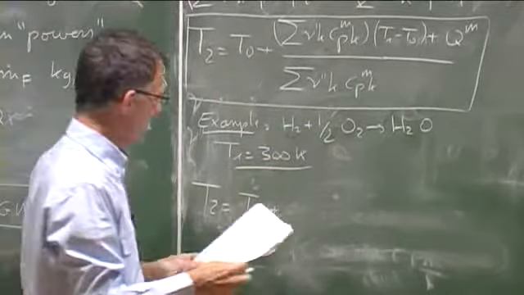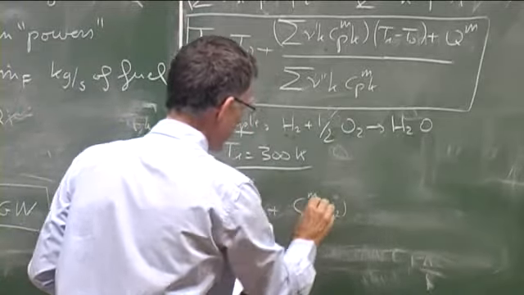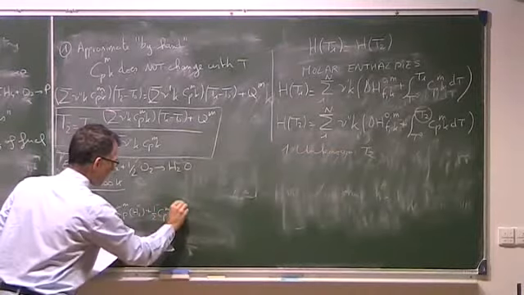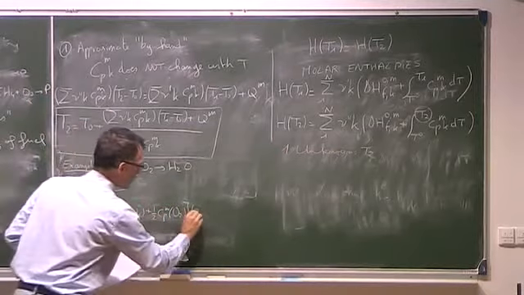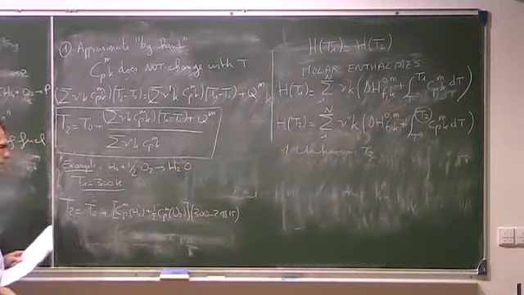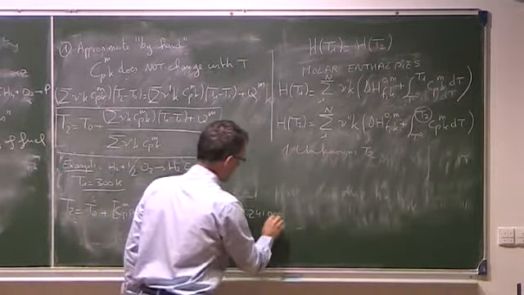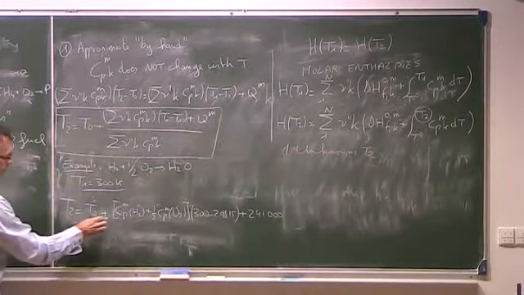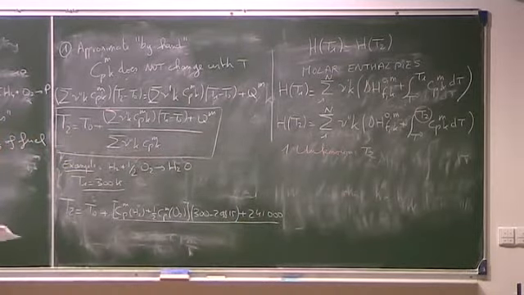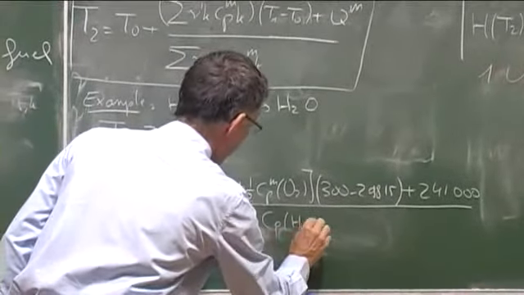So if we write it this way, it's going to be the Cp molar of H2 plus 1/2 the Cp molar of O2, multiplied by 300 minus 298.15, that's T0, plus 241,000, that's the Qm, divided by the Cp of the products. By the products, there's only H2O. So it's Cp molar of H2O.